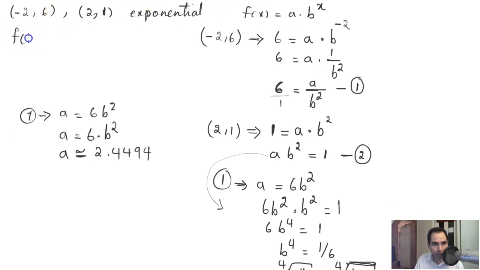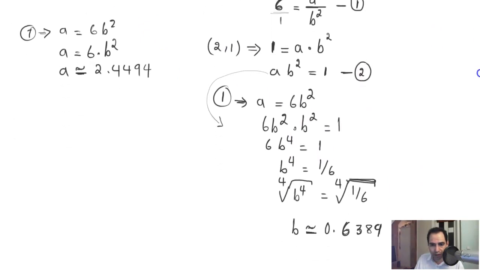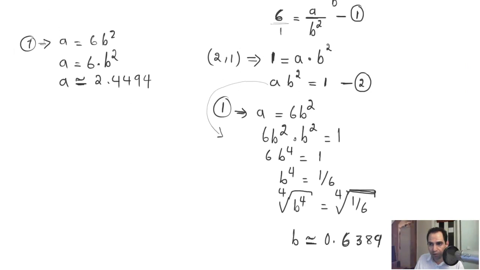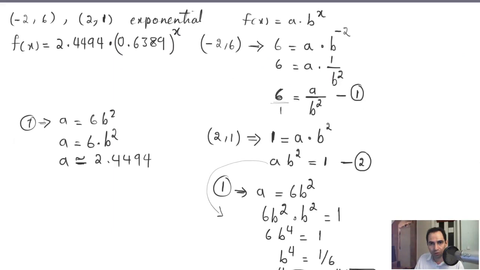So we can write it as f of x is equal to a, which is 2.4494, times b, which is 0.6389, raised to the power x. And that is basically what you were looking for.